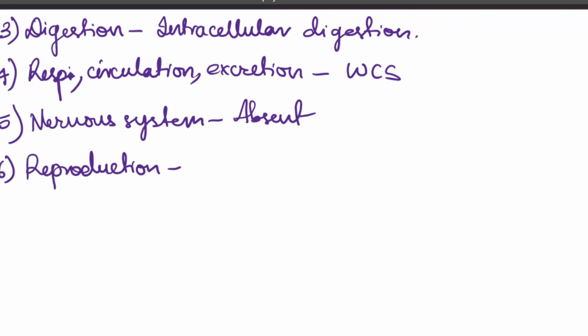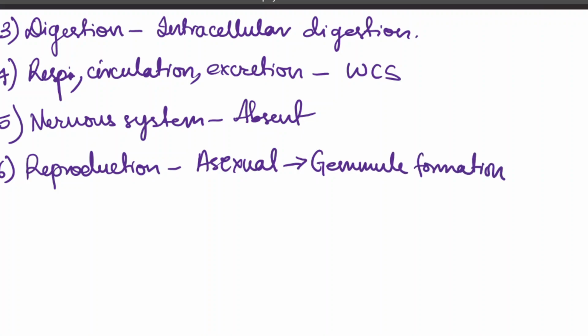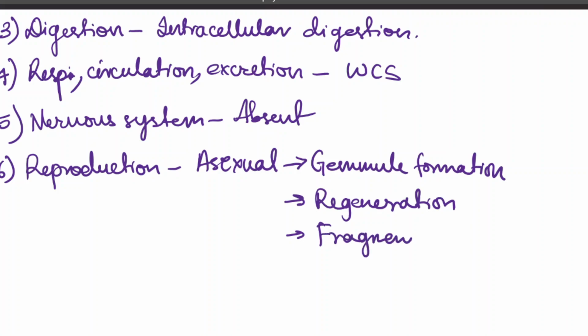Reproduction can be asexual. Asexual reproduction, if we see, is through gamete formation, and regeneration, fragmentation, and also budding. Understood?